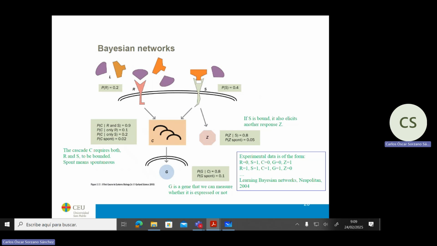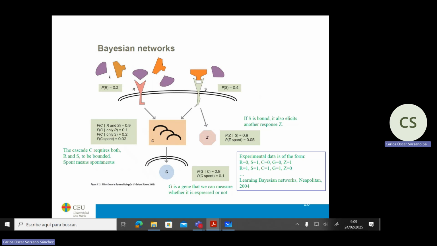So probability of cascade given that R and S are occupied, probability of cascade if only R is occupied, if only S is occupied, or if both of them are not occupied, but C is spontaneously elicited.